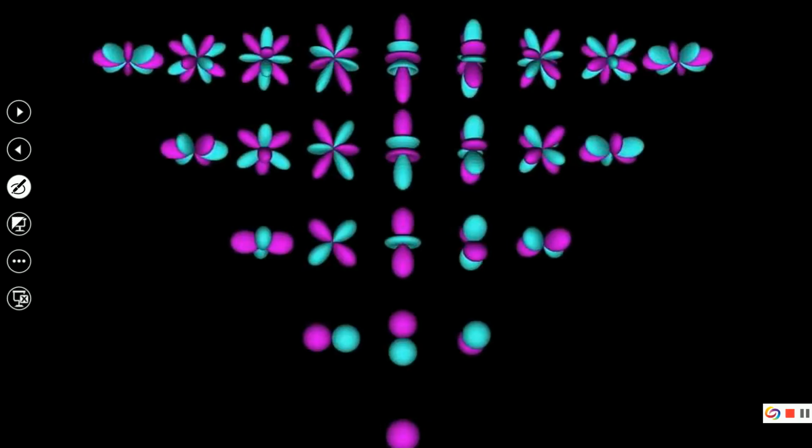If it is D orbitals, it rotates quicker, and there are 5. So it's 1, 3, 5, 7, 9. So 2m plus 1, where m can be 0, 1, 2, 3.